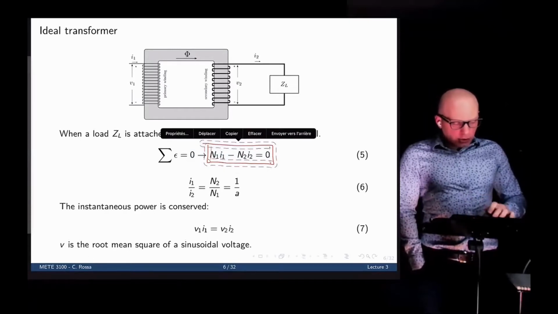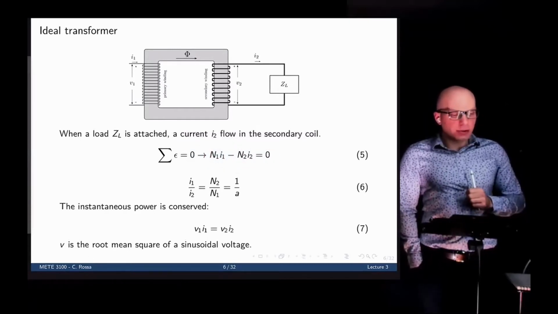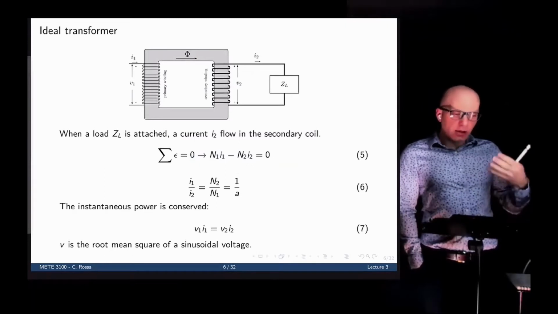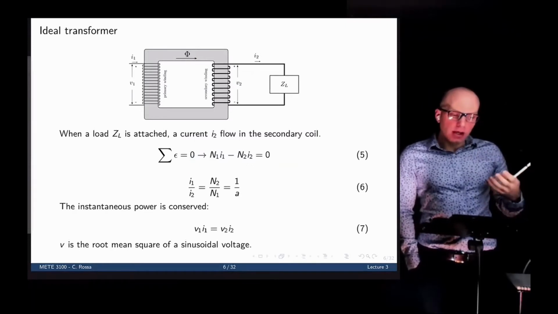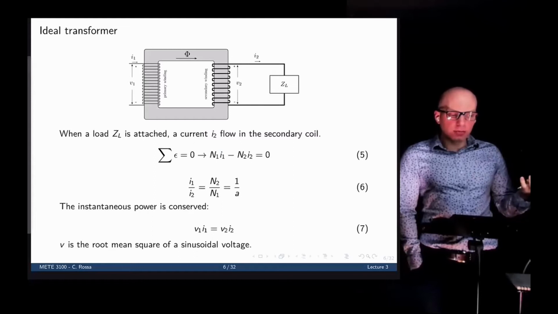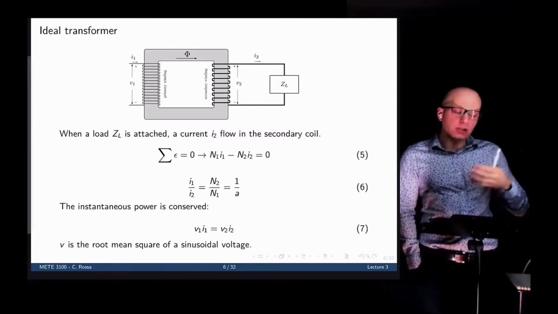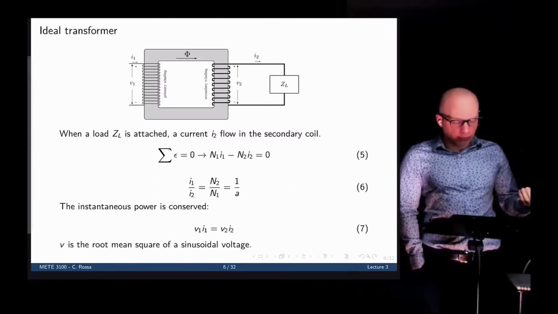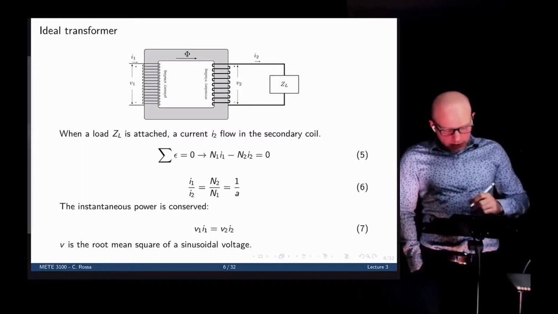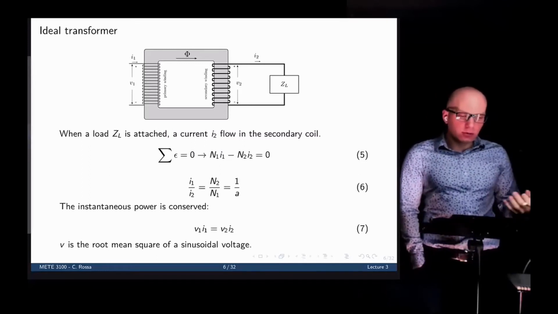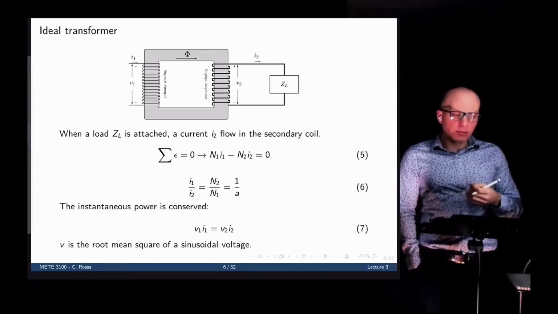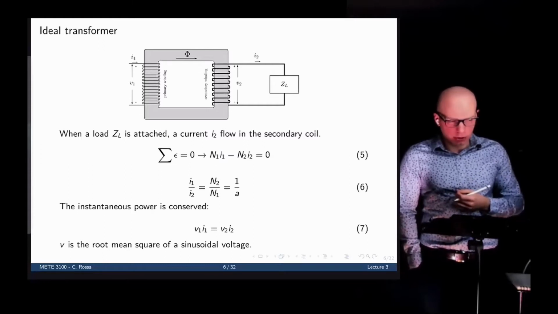Another implication of having an ideal transformer is that the input and output power must be conserved. So we can write that V1 I1 equals V2 I2, where V is the root mean square of the sinusoidal voltage in the input.